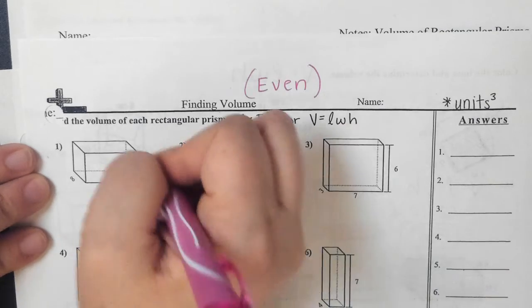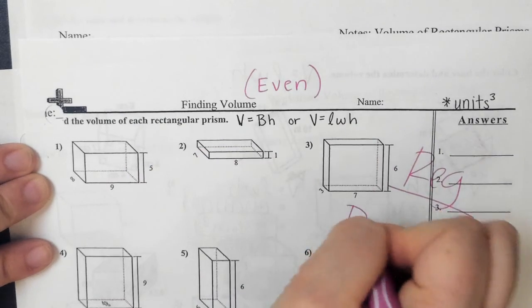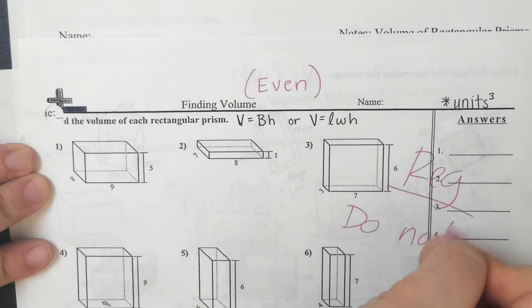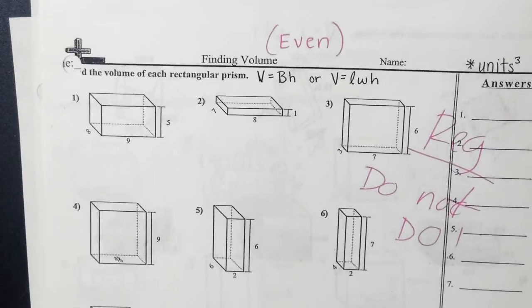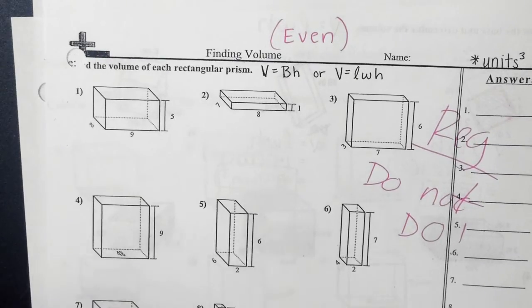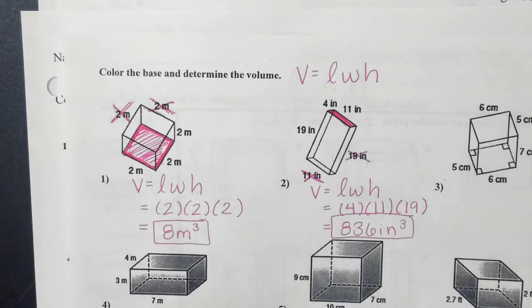For my regular classes, you do not have to do that side. Right now, if we talk, or if we can't find something to do if we finish early, then we'll add that extra side on. So if you finish early, find something to do on your own, or just try practicing on those, okay?